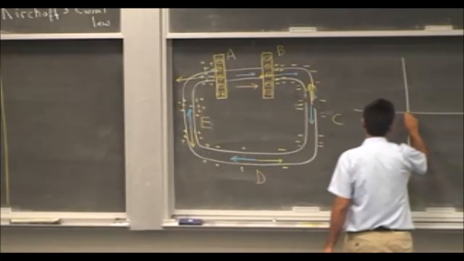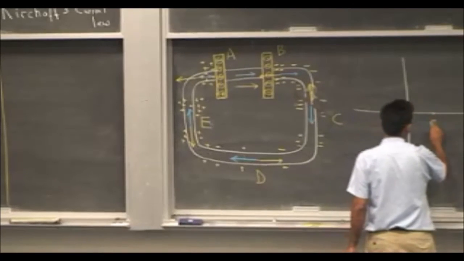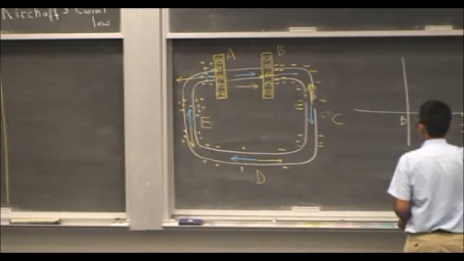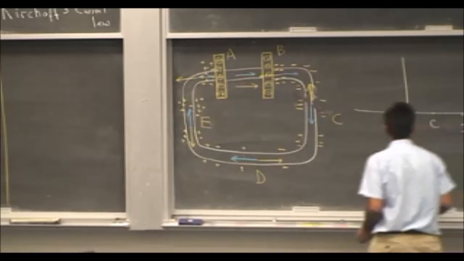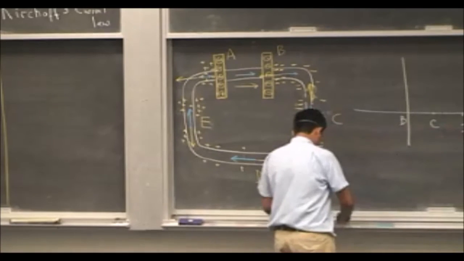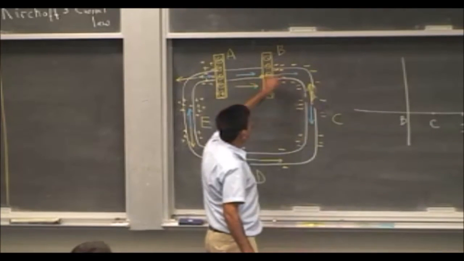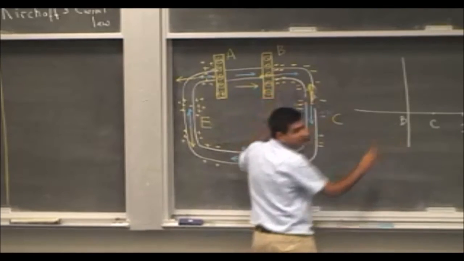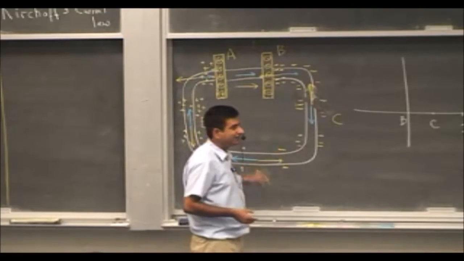of, so this is B, C, D, E, and A, right? So what is happening is that from B to C, B has the most negative charge. From B to C the charge gets diluted, and at D it just goes to 0.